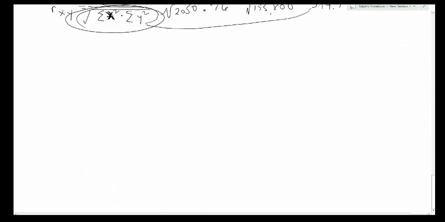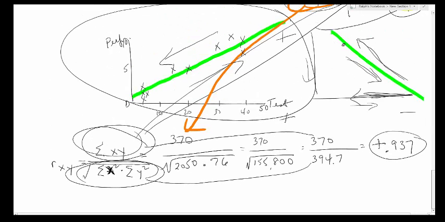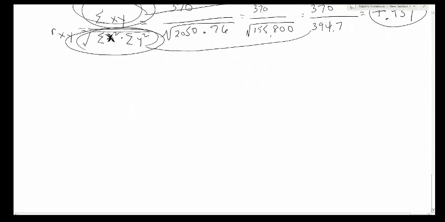So now what you would do is you need to figure out the significance of this R that you came up with. What's the R that you came up with? 0.937. All right, how do we do that? We take a t, because we're trying to compare our test here.